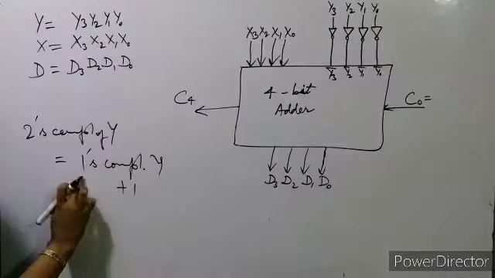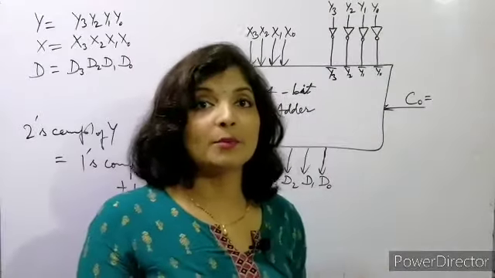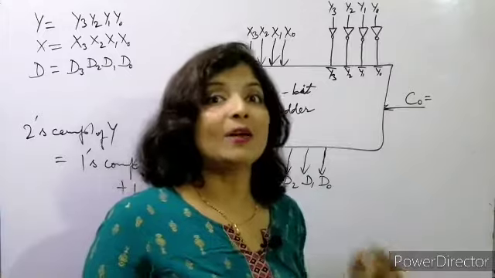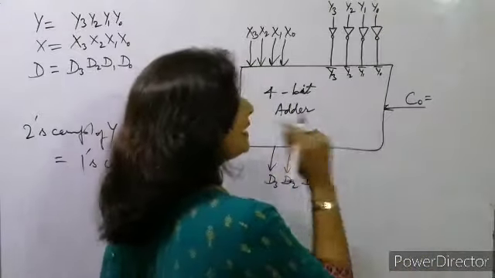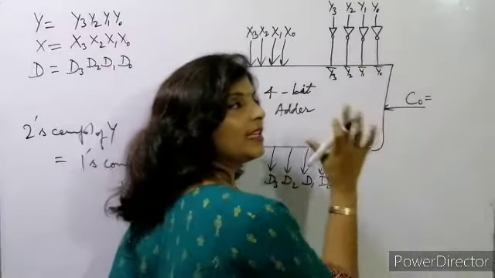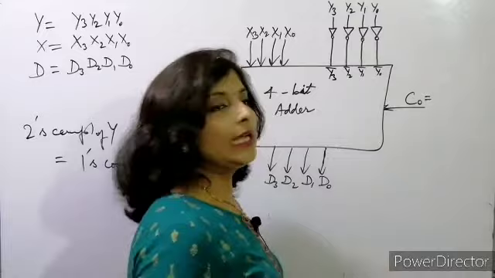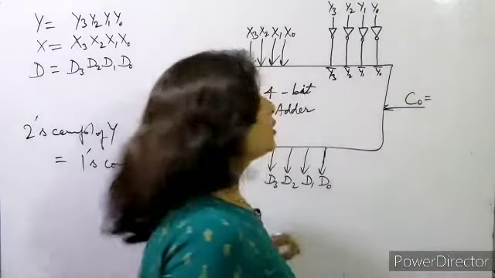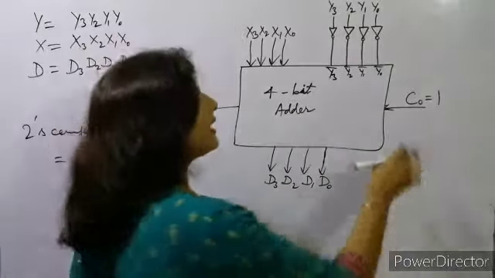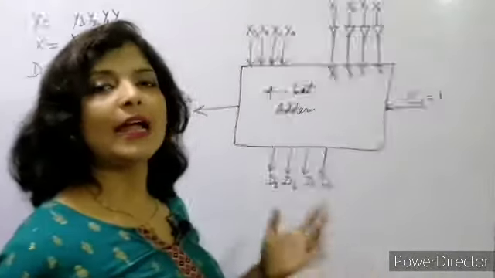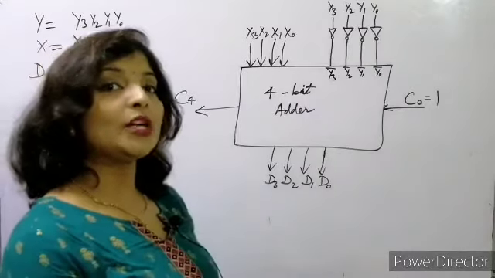From these complements we'll get the 1's complement of y, but we have to find the 2's complement. What we'll do is add 1 to this number, and we'll get the 2's complement of y. To add 1, at the least significant bit there is no carry coming in, so the carry will be written as 1. When we take carry as 1, it will be added to this number, and we'll get the 2's complement.